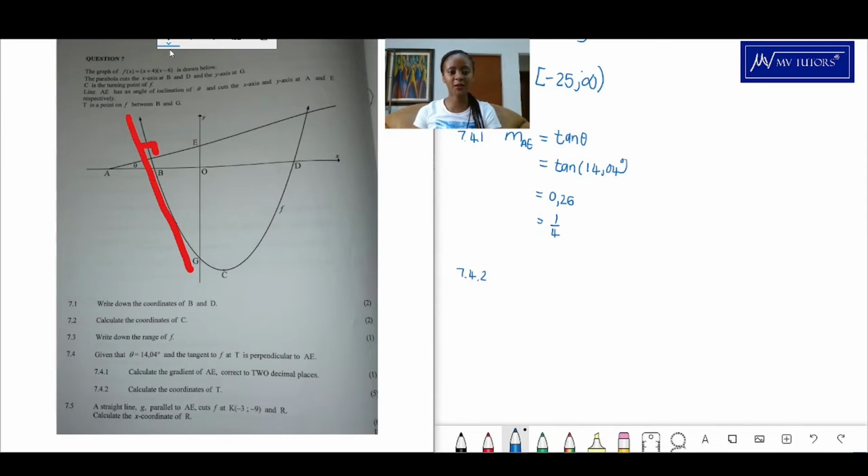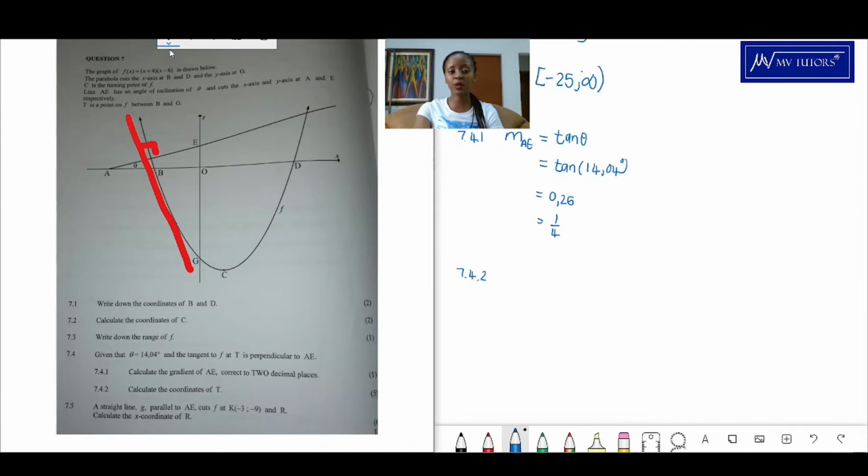Okay, so now they want the coordinates of T. Do we have the equation of AE? No, we don't. We don't even have its intercepts really. We just know that the intercepts are at A and E. And do we have anything regarding T? We're looking for the coordinates of T. So we would have to use a little bit of calculus.